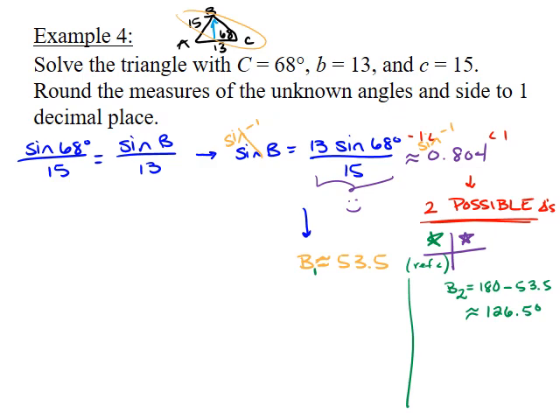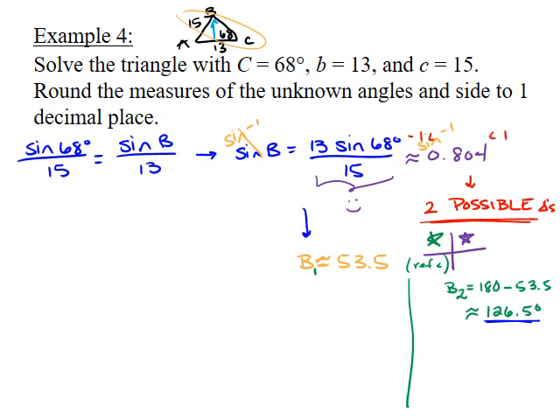Now, before I move on, I want to see if angle B2, the obtuse angle here, can be eliminated. I know that this triangle can be eliminated if my two angle measures so far add up to more than 180 degrees, because the sum of the angles must be 180 degrees.